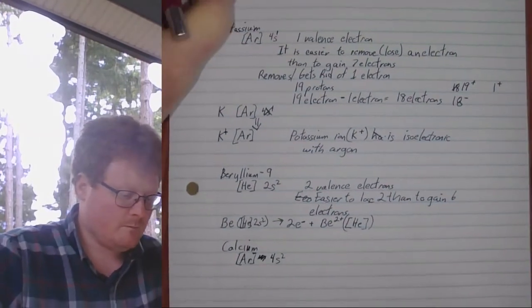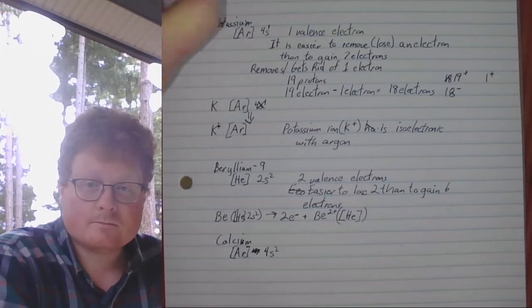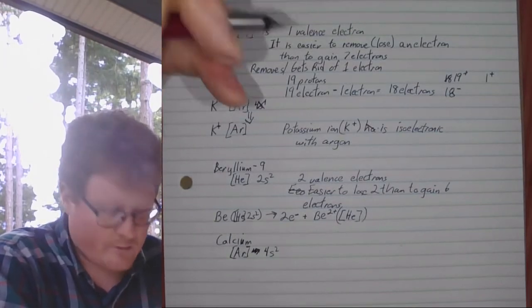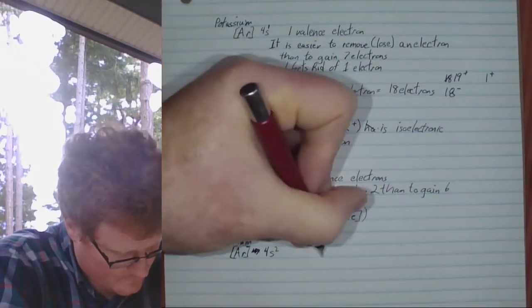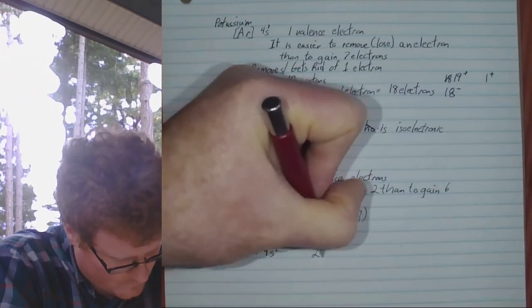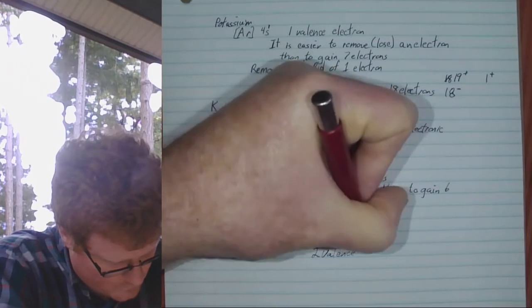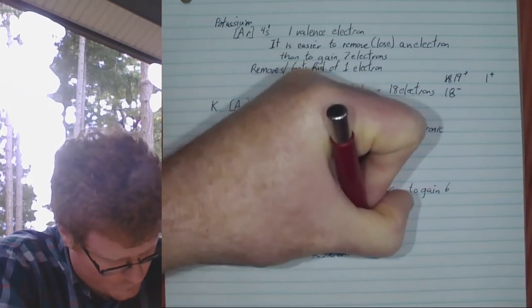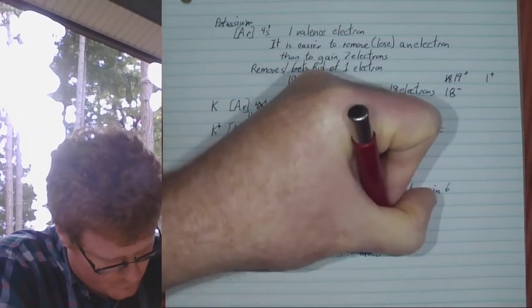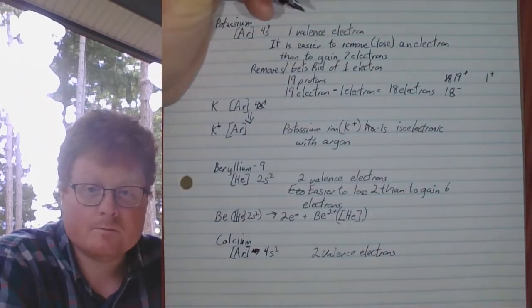Okay, argon 4s2. How many valence electrons? 2.